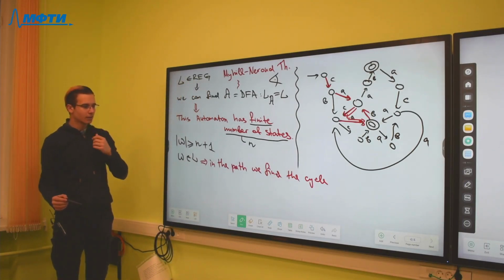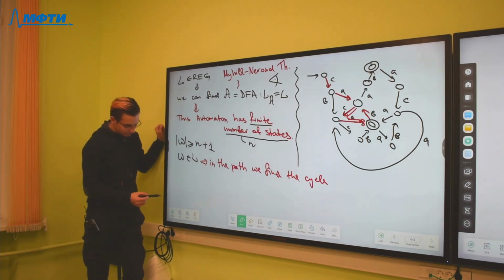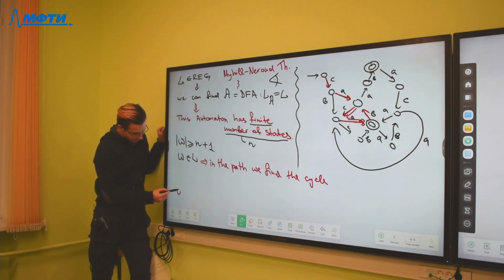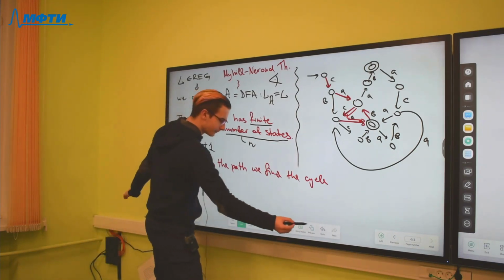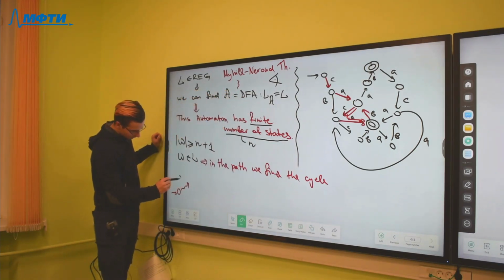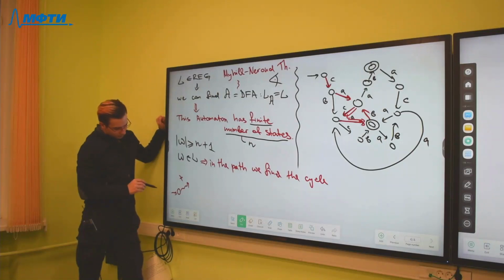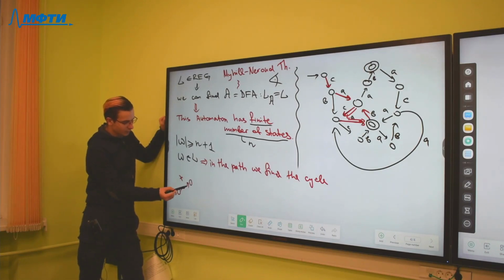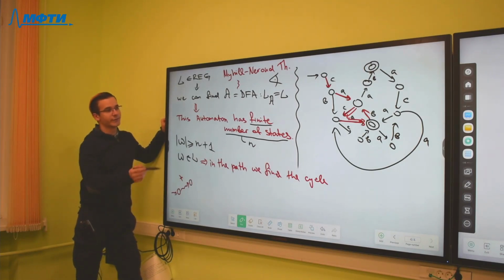So, informally, I can write it like this: we have a prefix as a path to one of the vertices in the cycle.